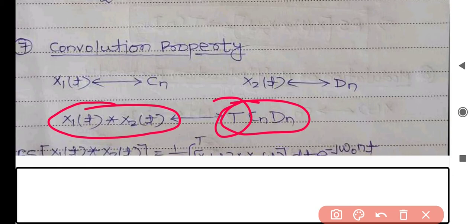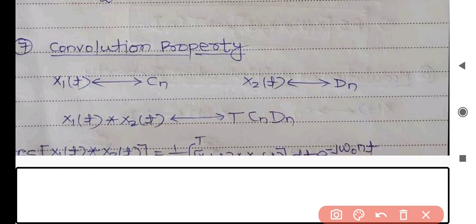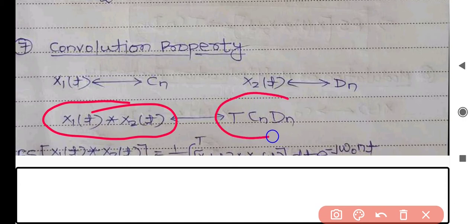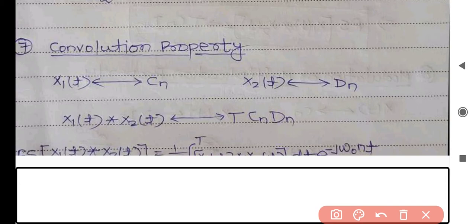It means that if we take convolution of the signals, then their Fourier coefficients will be multiplied. This is the convolution property.